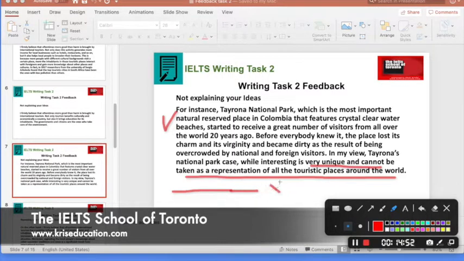This is where you need to briefly explain if you are using this example, and this is from the model that we saw. Please explain it briefly with just one sentence.